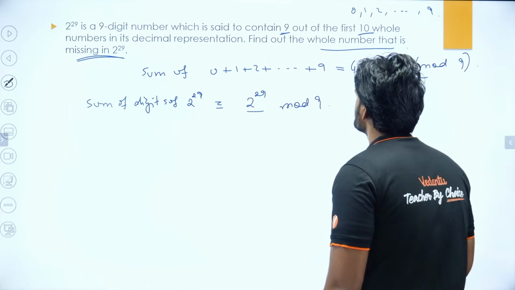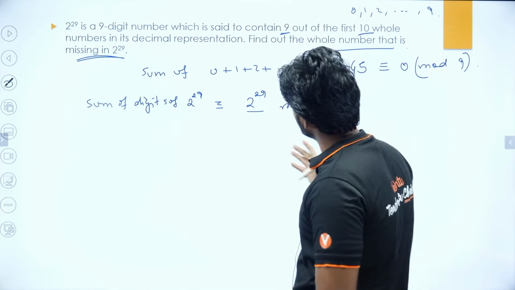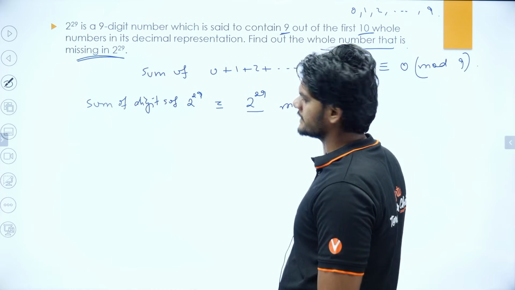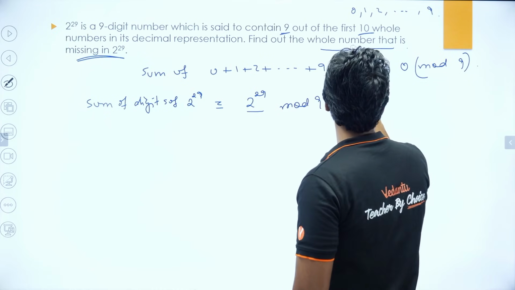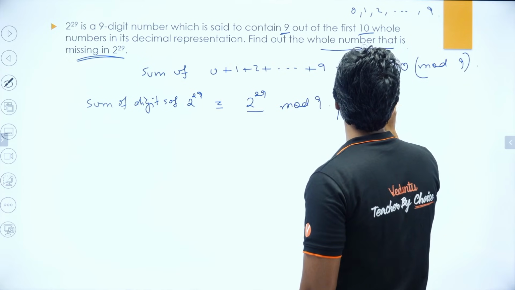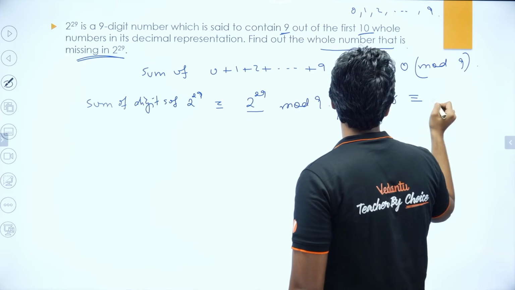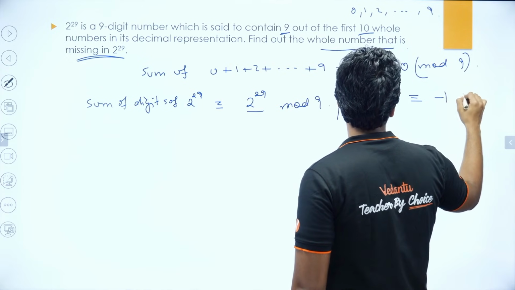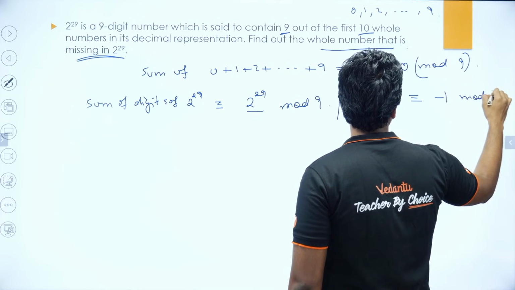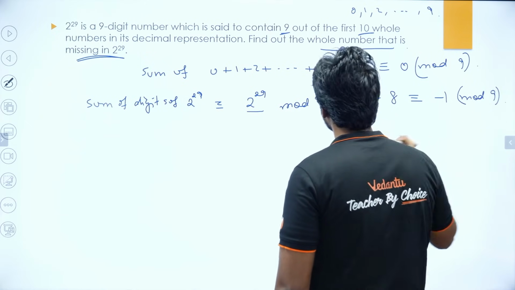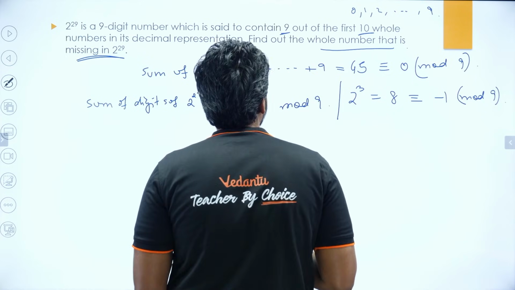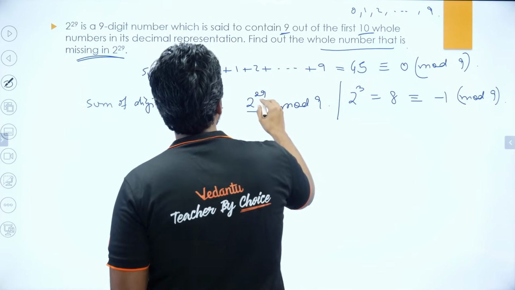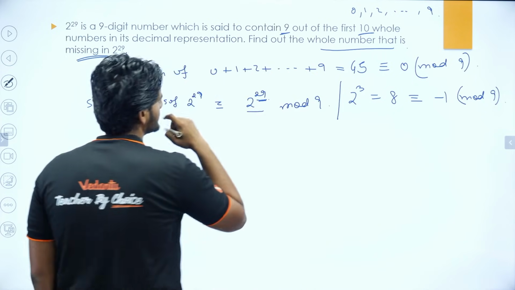What is the closest power of 2 to 9? The closest power of 2 to 9 is 2 cube. 2 cube is 8, which is congruent to minus 1 mod 9. Can we take some power of 3 that is closer to this?